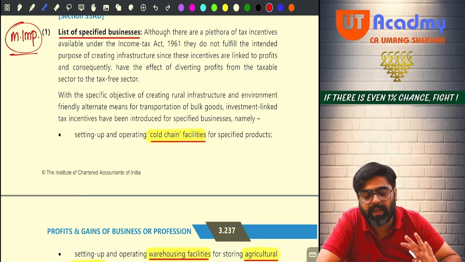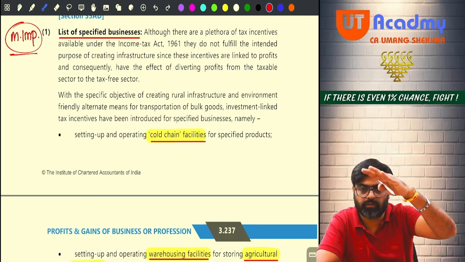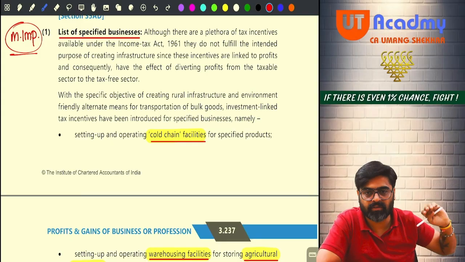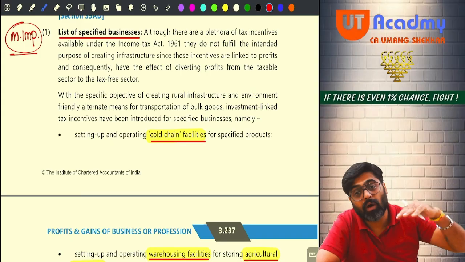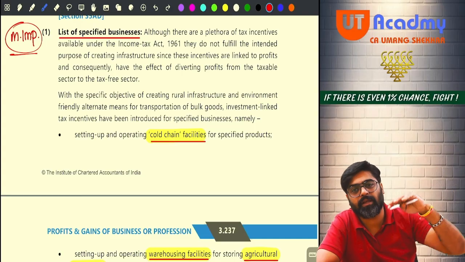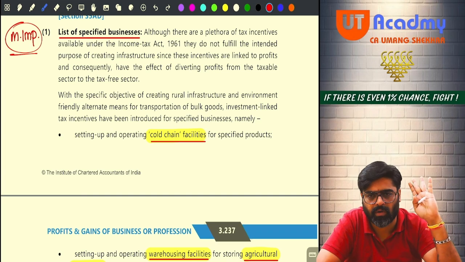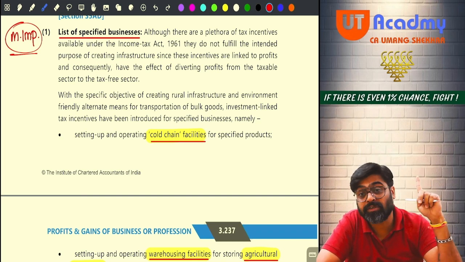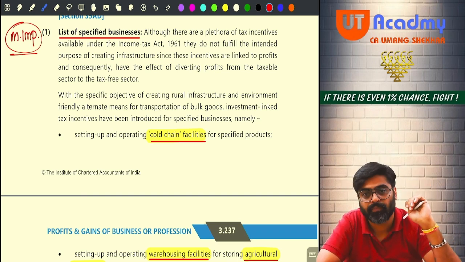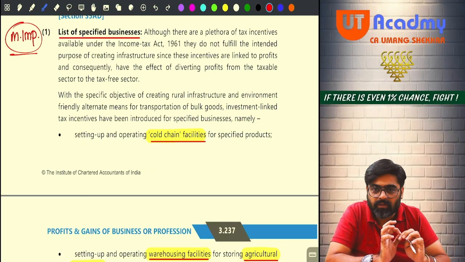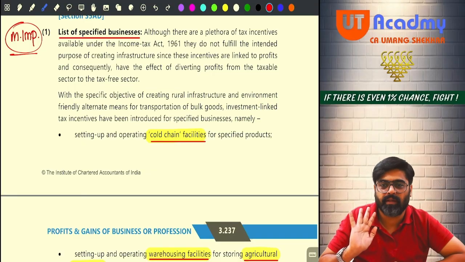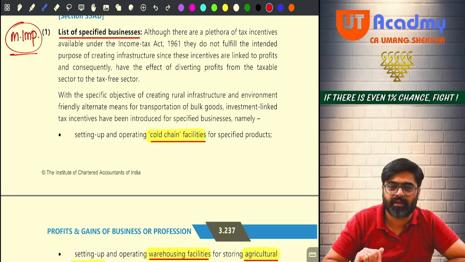Now see, this 35AD came, no? With this, the names of businesses were specified. Earlier, when this section first came in 2006 or 2005, if I'm not wrong, only 2-3 businesses were specified for section 35AD. All the businesses were not there.